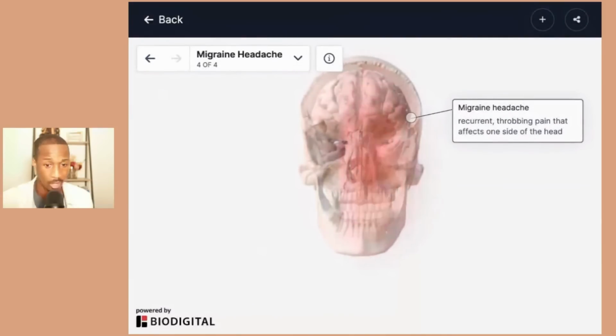Usually on one side of the head, they may be preceded by a period of symptoms, maybe a sensitivity to light, to sound, and feelings of fatigue, weakness, numbness of the limbs. Different environmental factors can contribute to it: difficulty sleeping, medication, exercise habits, hormone levels. These are all prime symptoms or sort of triggers of the headache.